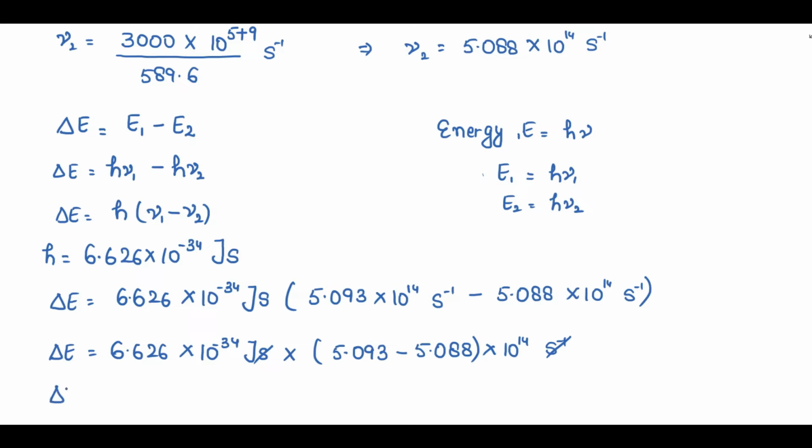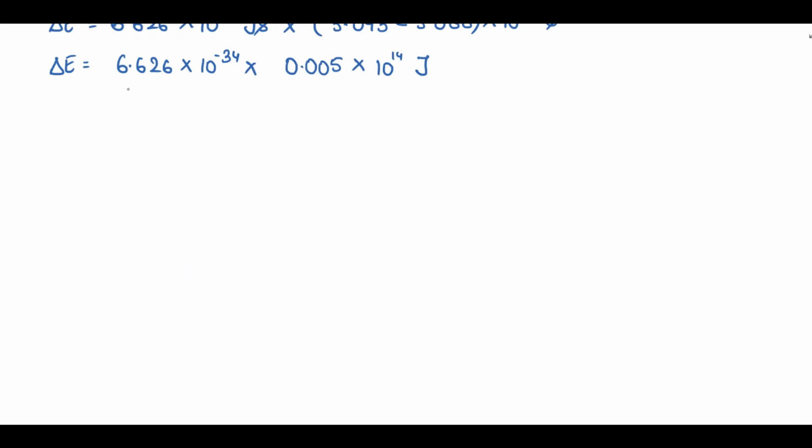So delta E equal to 6.626 into 10 raised to power minus 34 into, when you will subtract 5.088 from 5.093, your answer will be 0.005 into 10 raised to power 14, and unit is joule only. 6.626 into 0.005, your answer will be 0.03313. These two powers are in multiplication, so you can simply add them. 10 raised to power minus 34 plus 14 joule.